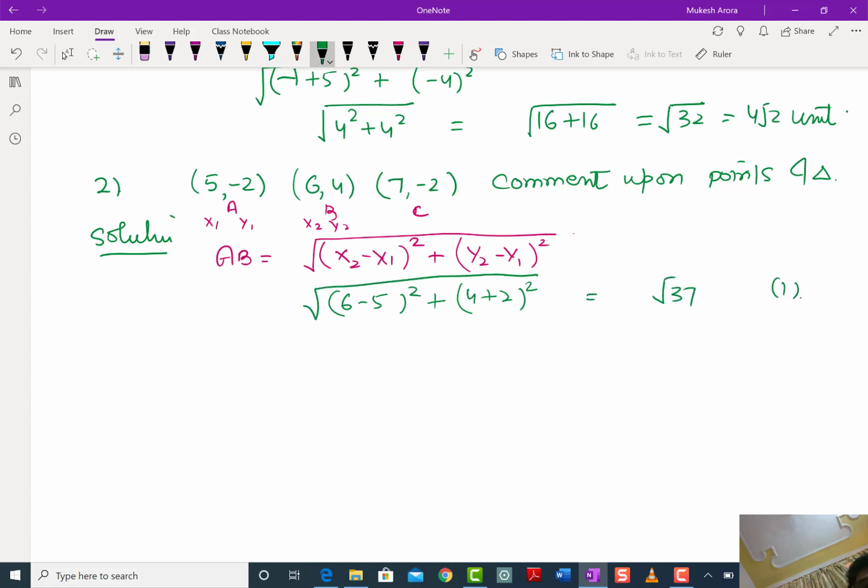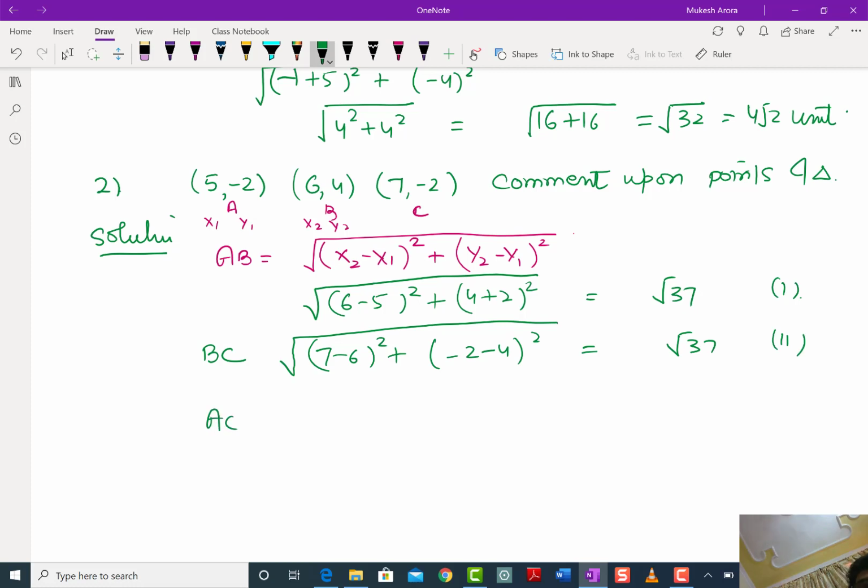This is 1. Then BC, (7 minus 6) raised to the power 2 plus (-2 minus 4) raised to the power 2, and this is also equal to root 37. This is 2. And then AC is (7 minus 5) raised to the power 2 plus (-2 plus 2) raised to the power 2, which is equal to under root 4, which is equal to 2.